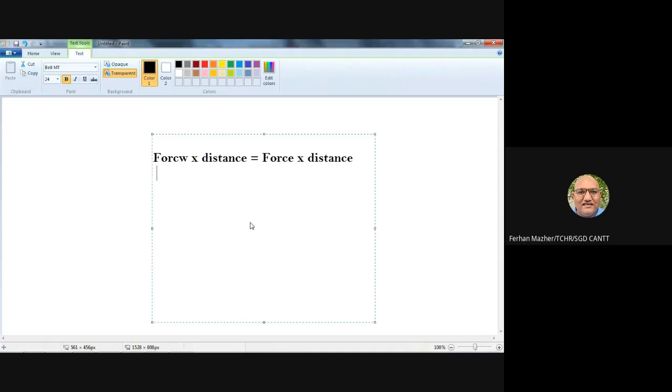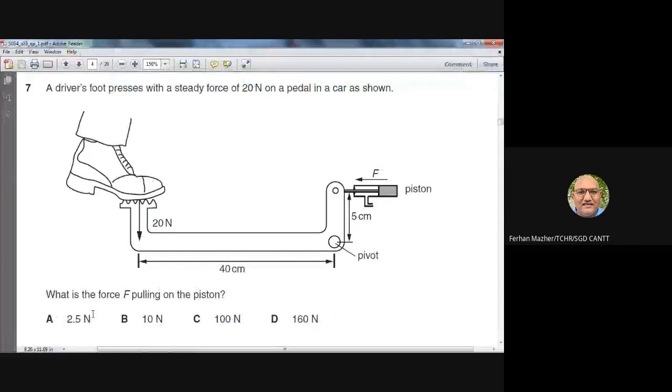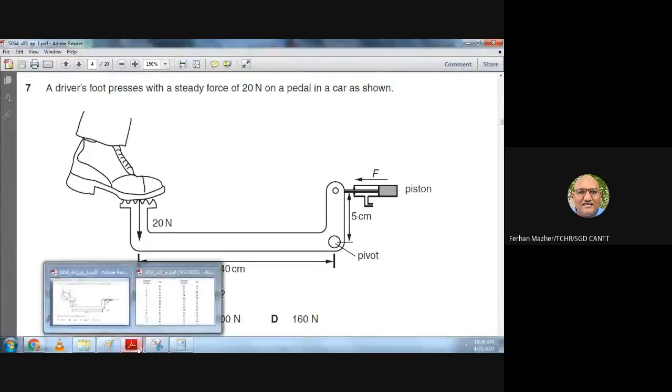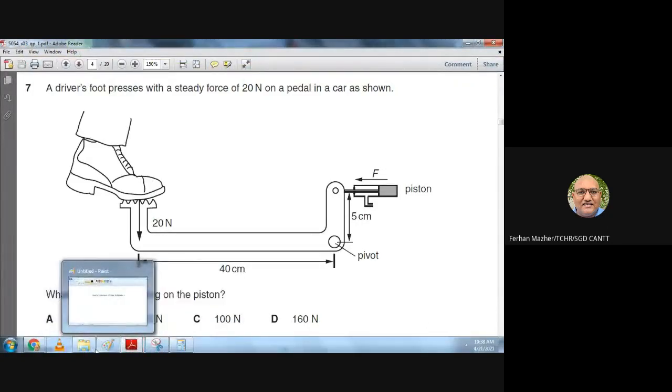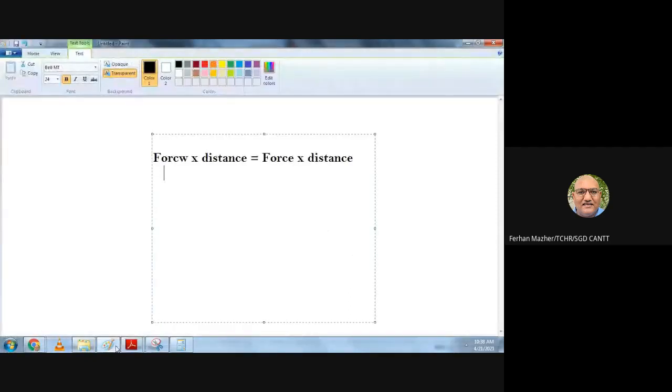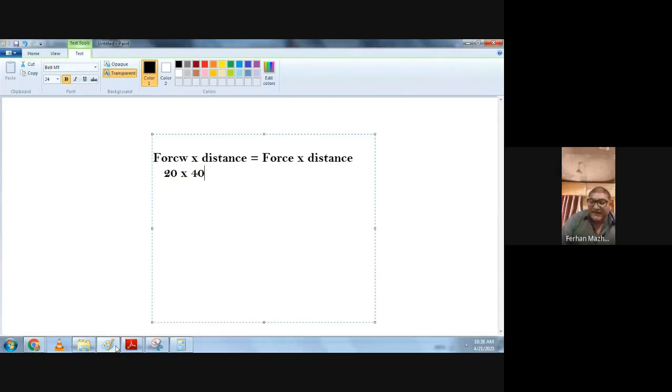For force number 1, 20 Newton force is applied and the moment arm is 40 centimeter. On the other side, the force is the question and the moment arm is 5 centimeter.